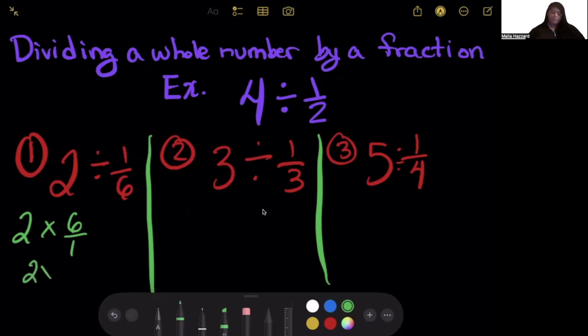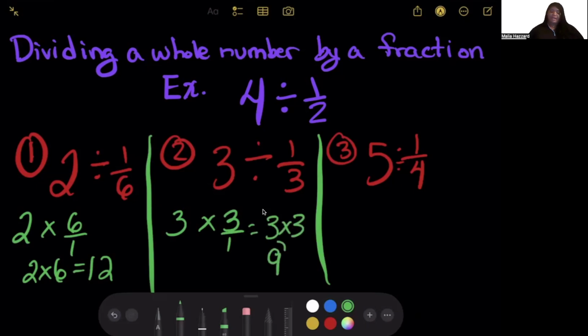This gives me 2 times 6, which equals 12. Next, for number 2, I'm going to keep the first number, 3, change it from division to multiplication, and then flip my next fraction, which gives me 3 times 3. And I get 9.